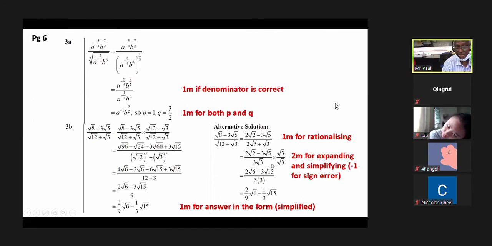So when you rationalize, you just have to multiply up and down by square root 3. And then this is much faster. I give you some time to just look through. Just look through and see where you went wrong. You can circle your mistakes.